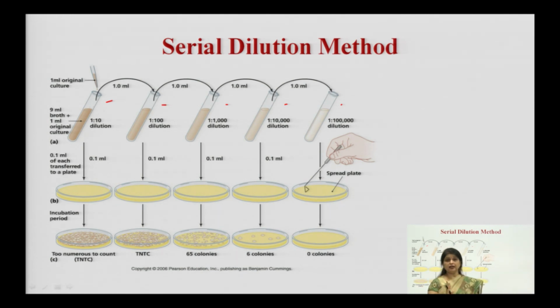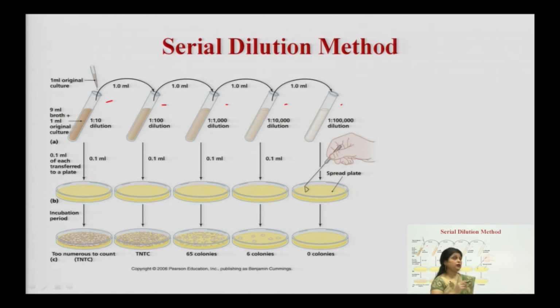We can add distilled water as the diluent, the dilution media, and that must be sterile, with no microorganism within it. There are 5 test tubes, and in all of them we need to add the nutrient growth media that will do the dilution of the microbial culture.